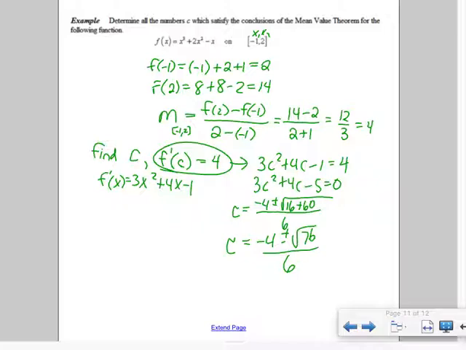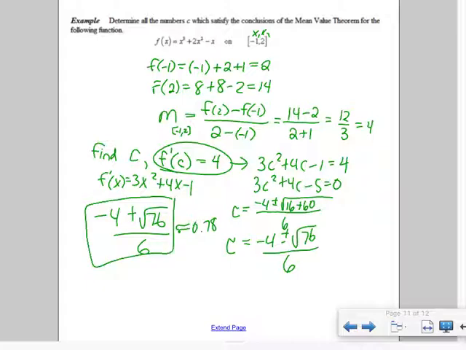Which one of those numbers is in negative 1, 2? They both might be in the interval from negative 1 to 2. I don't know yet. If we do negative 4 plus the square root of 76 over 6, let me tell you what we get. That's approximately 0.78. That is in the interval, so we definitely know that that's a c that works.